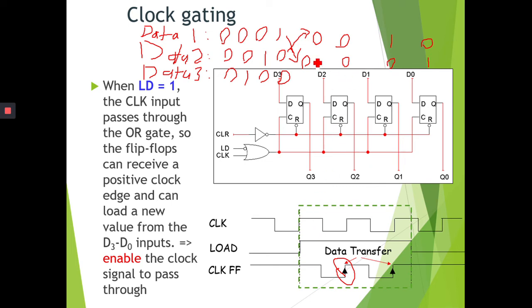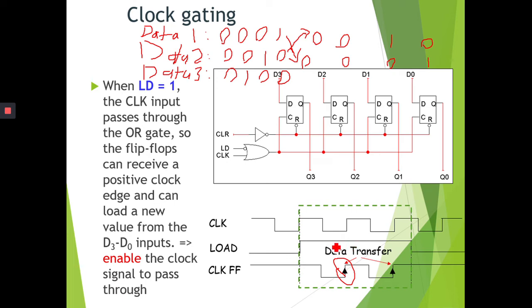So if we want different data at every clock cycle, we have to make sure the load signal is correct. There are a few scenarios that can occur here.